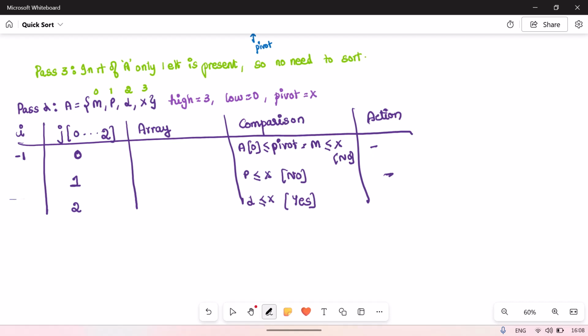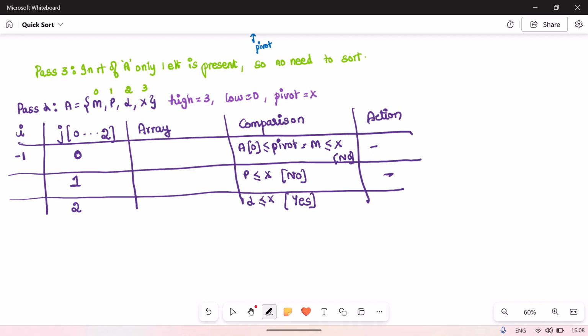Remember, what are you supposed to do? Let me write like this. Okay, now what you're supposed to do? Increase I by 1 and swap A of I and A of j.